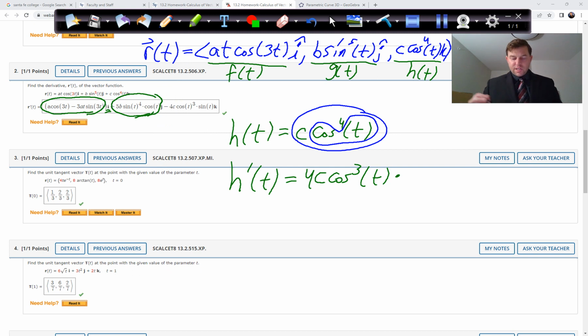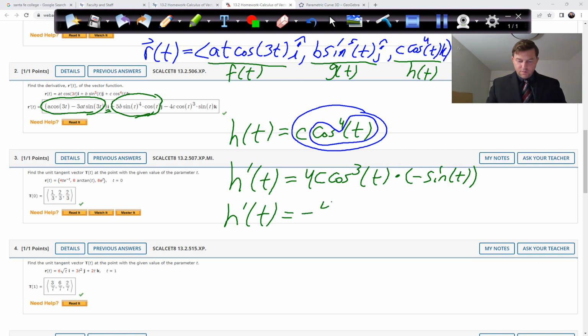The derivative of cosine is negative sine t. So putting this together, we would bring the minus out front, so we get minus 4c cosine cubed t times sine t. And we should have that there, so the minus, the 4, the c, minus 4c cosine t to the third times sine t, and that's all in front of k.